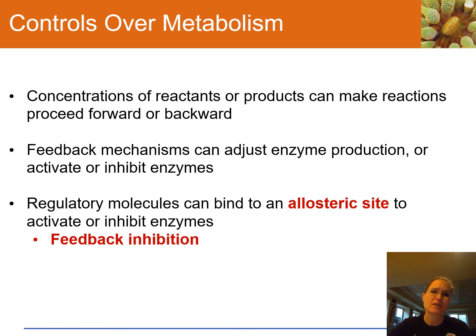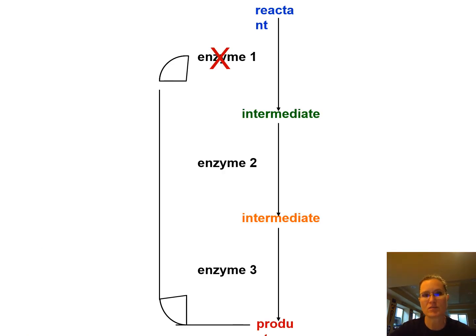So we only really make as much as we need, and then say we use up all the stuff that's flowing around, and then the one that got bonded on there to inhibit detaches, and that allows the enzyme production to start again. So it's just a way that we sort of control, and it really comes down to energy use and wasting resources. Our body does stuff as efficiently as it can. And so then this is just a picture of that.